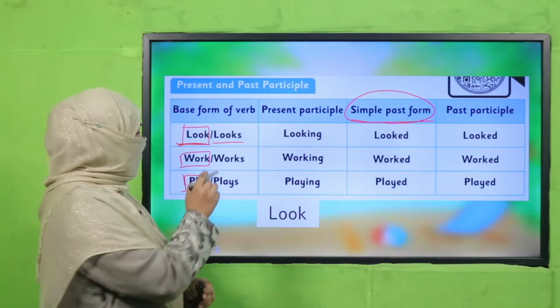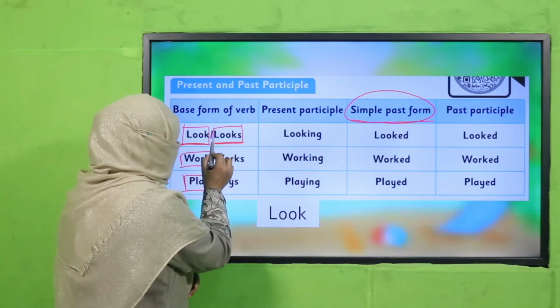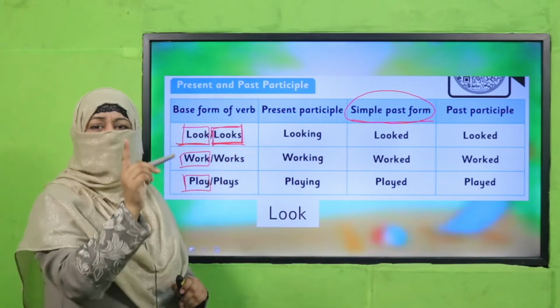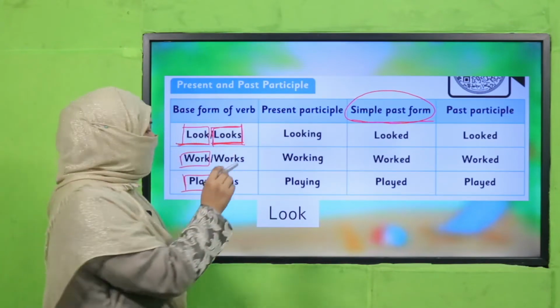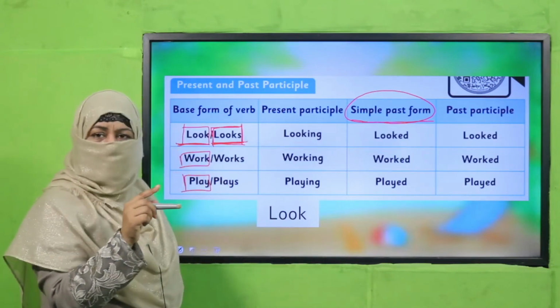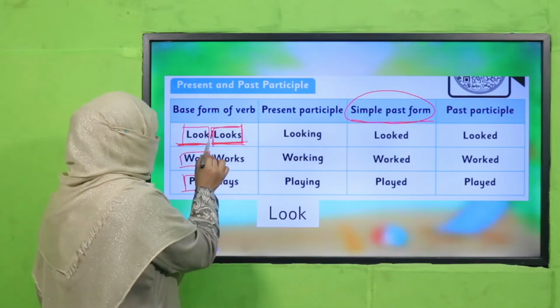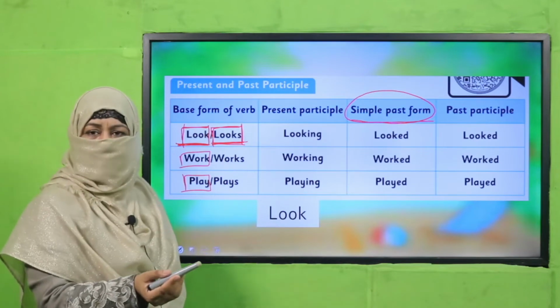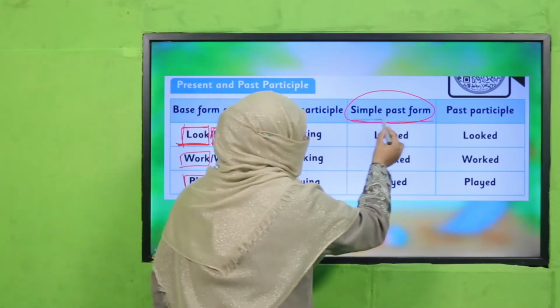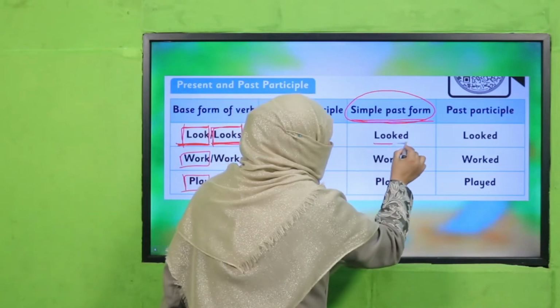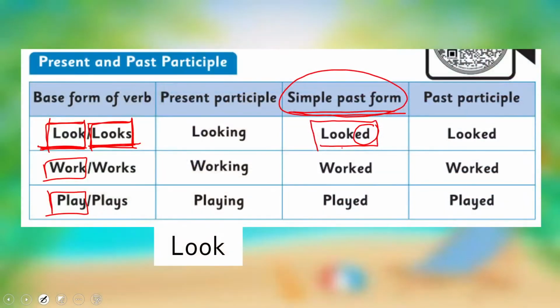Do you want me to recall? If your subject is third person singular, meaning he, she, it, or the name of a person, we add s or es with a few verbs. For the rest of the subjects, we use the base form of the verb, right? And for simple past tense, we use the past form. And how do we make it? By adding ed to the base verb. Remember, we have discussed this in detail. So we add ed and it becomes the past form of that verb, right?